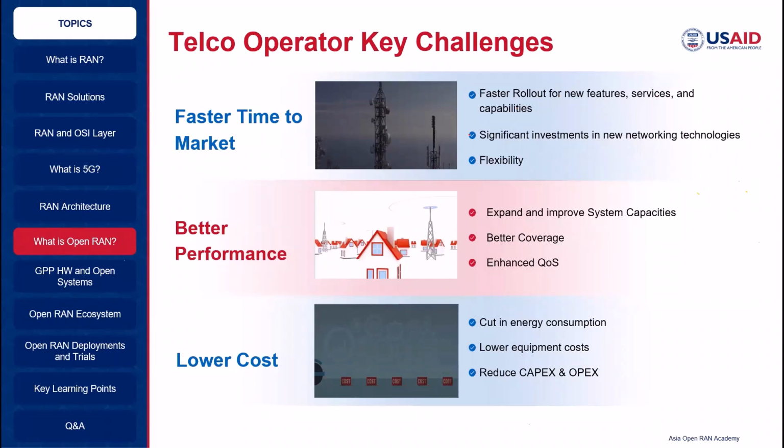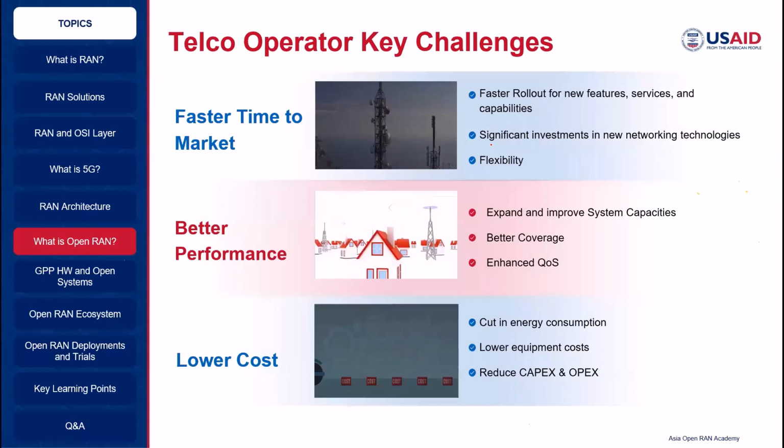So whenever they want to launch, for example, 5G technology, they need to be fast in the rollout. And then when you roll out a new technology, it requires significant investment. So you need to purchase not only equipment, but also software, features, manpower, and resources to implement that.